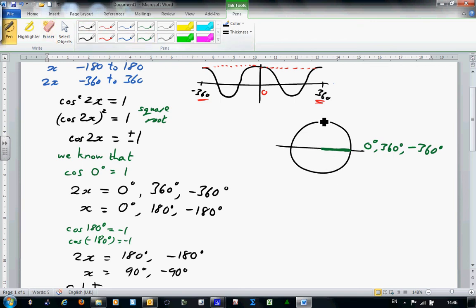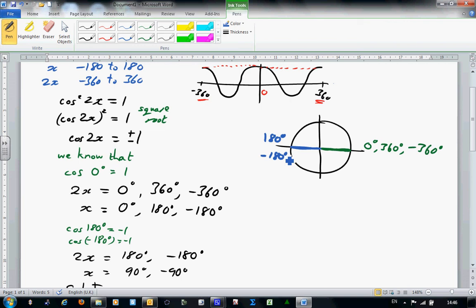It's at 180 and at negative 180. Okay, so using the unit circle, you've got the 3 green ones there and the 2 blue ones. We've got the 5 values again.